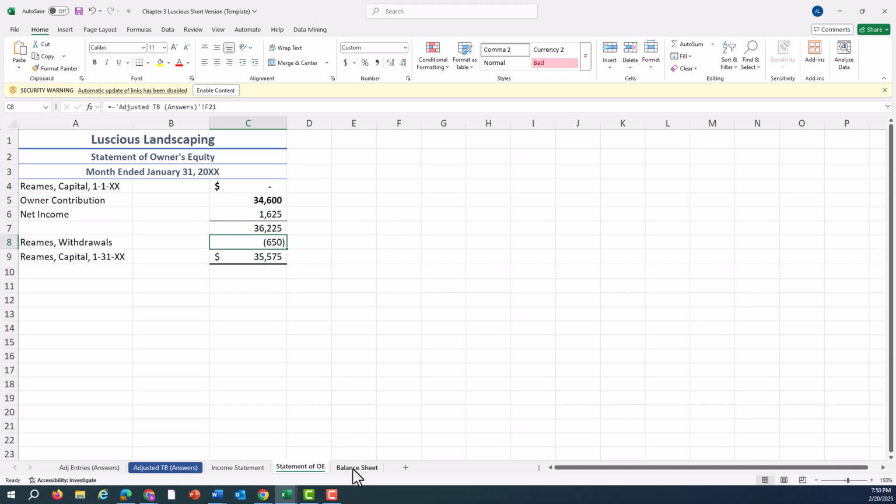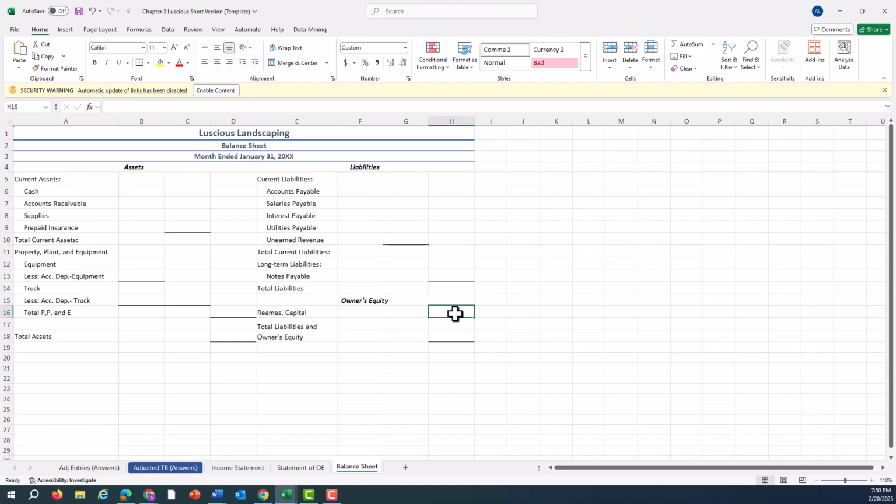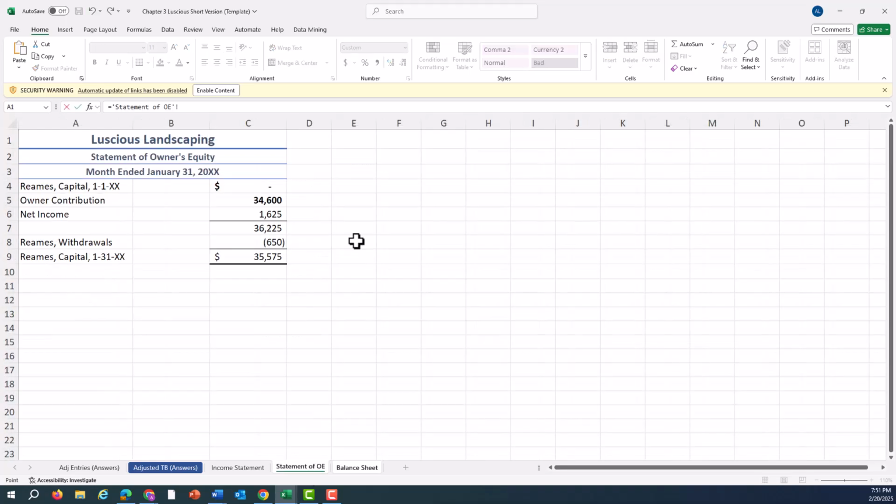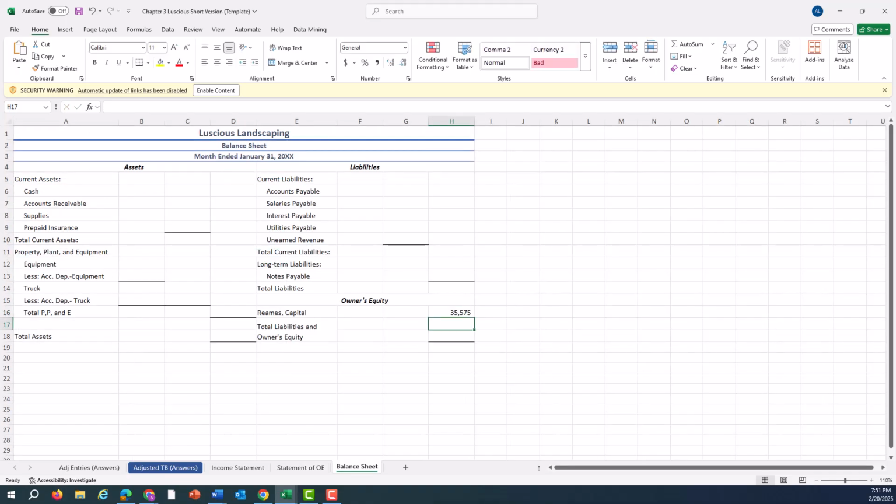So for the balance sheet, the number that you report for your owner's capital, I'm going to put in this spot over here in the rightmost column, is always equal to what your ending capital was for the period, in this case, $35,575.